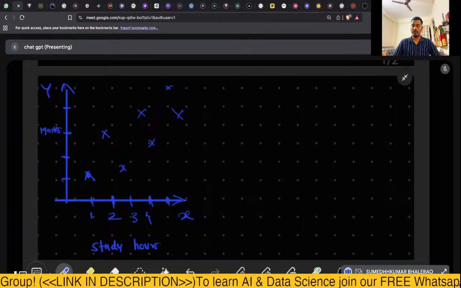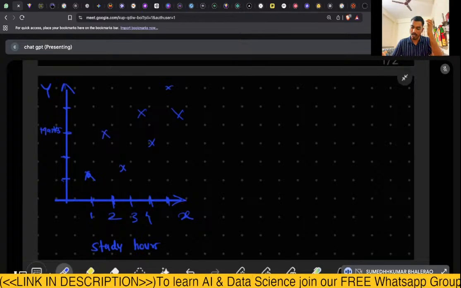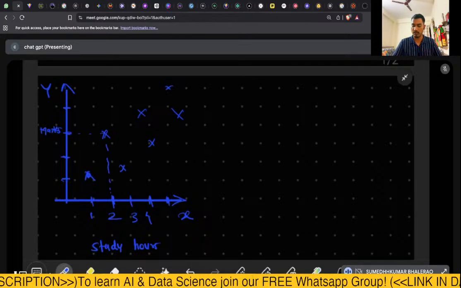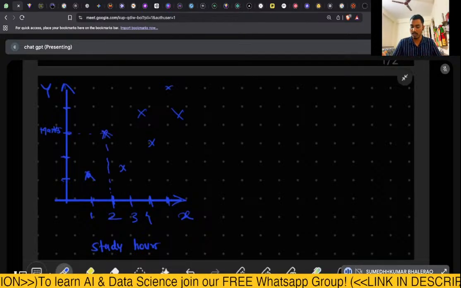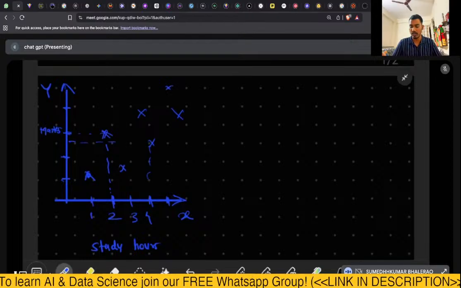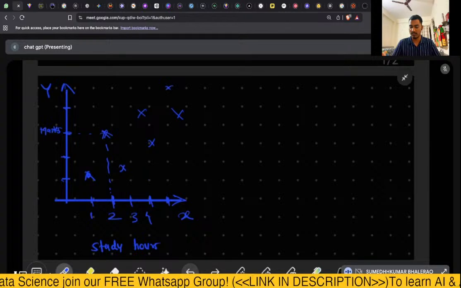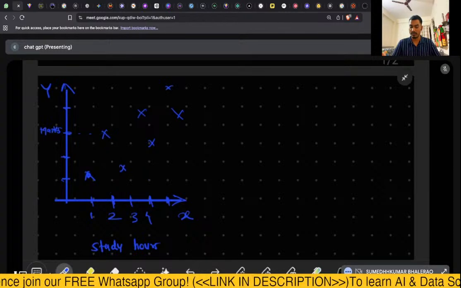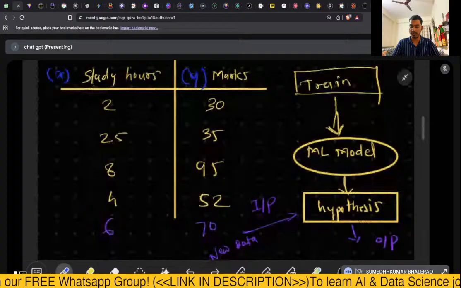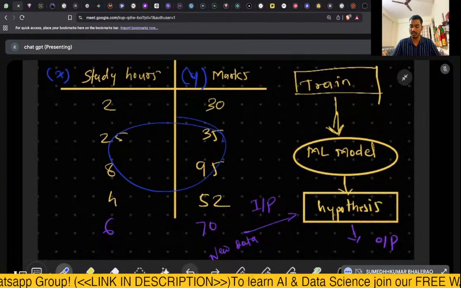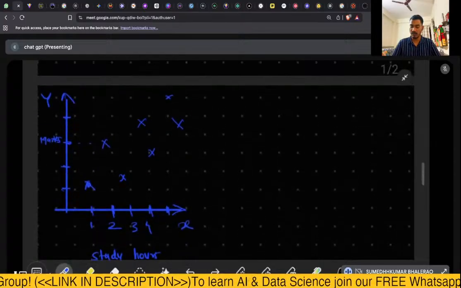For 2 hours, how many marks did a particular student get? For 4 hours, how many marks did a particular student get? Like this, we plotted some points on the graph using the data points.